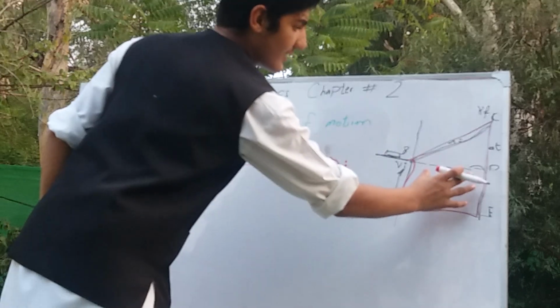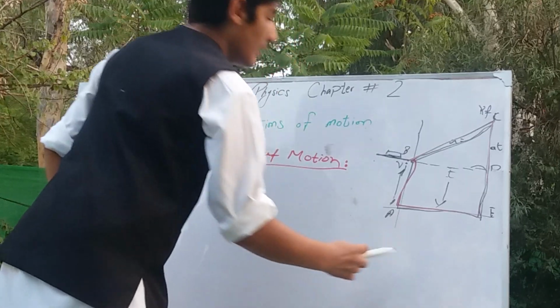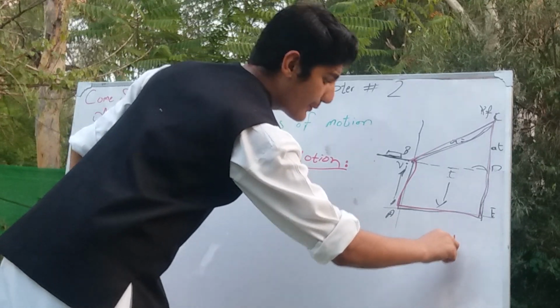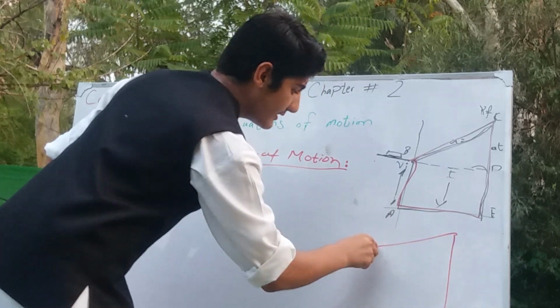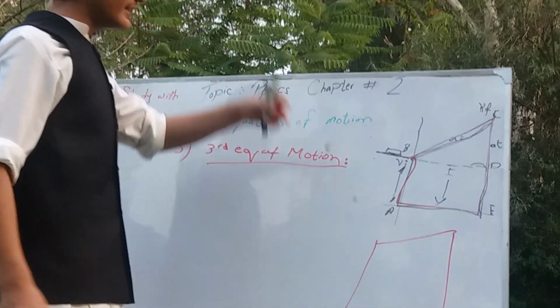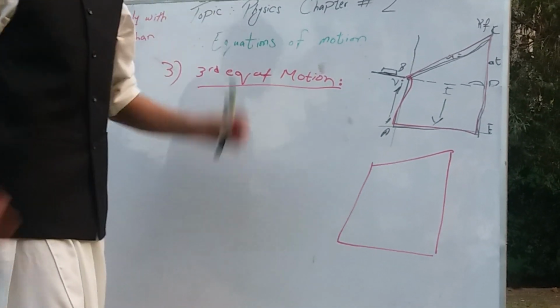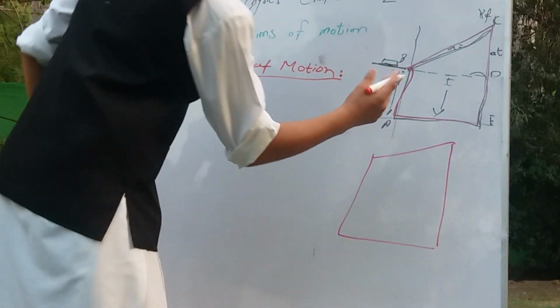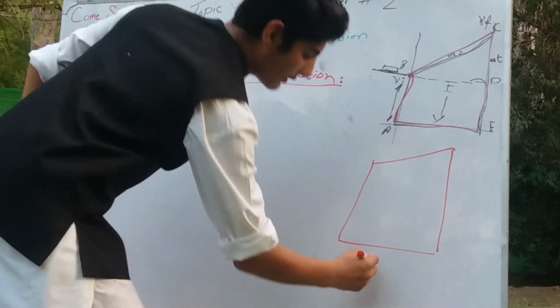Now we will put the shape down. In the previous one it made a triangle and rectangle. Now what shape does it make right here? This shape is known as a trapezoid.